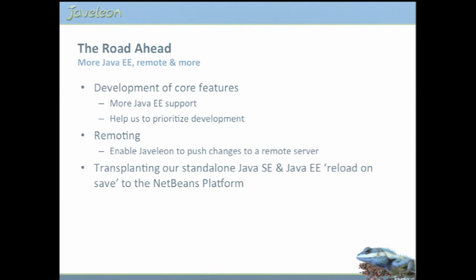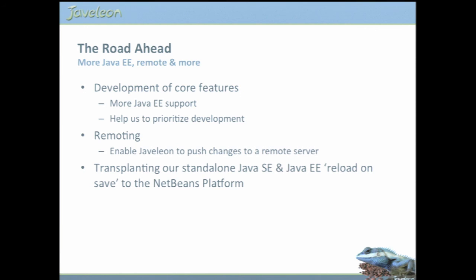There are some hard things to do in this area, because Javeleon was originally designed to HotSwap full modules, and that's also the main benefit of using Javeleon for the NetBeans platform, because you can change module dependencies at runtime, setting up new class loader dependencies, stuff like that.